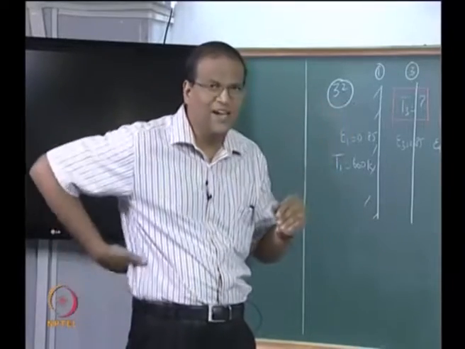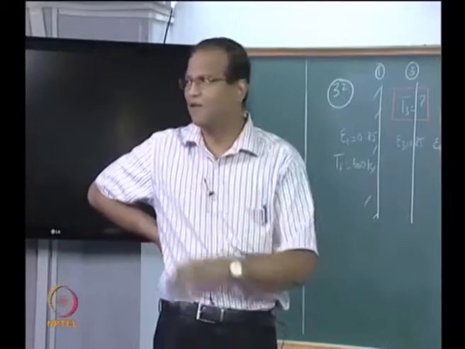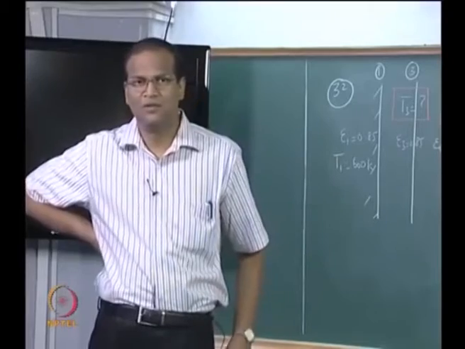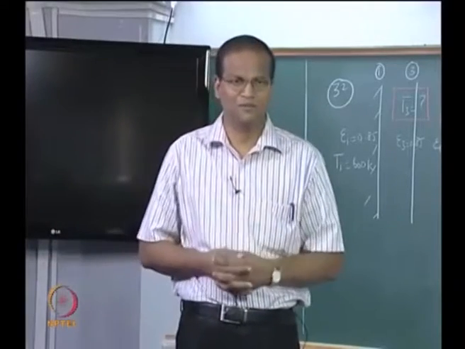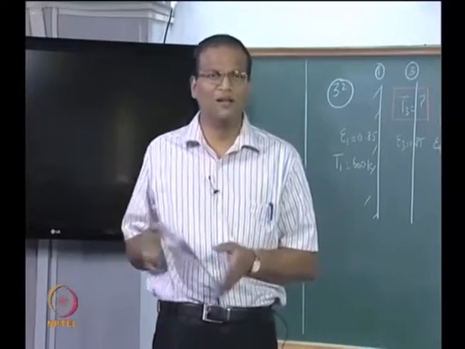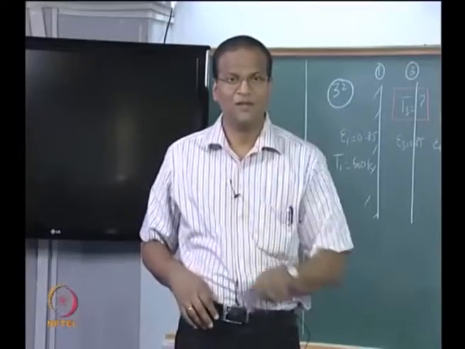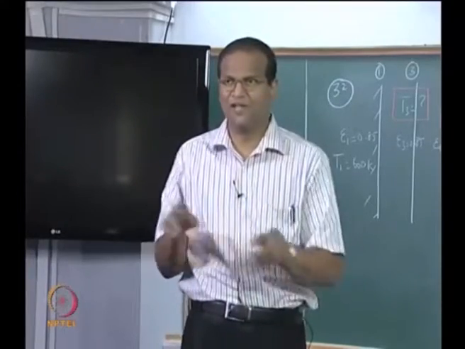Are the two shields re-radiating surfaces? Yes. Whatever heat they receive from the left side, they give to the right side. So the Q net from that surface is 0. Q net is whatever is coming from the left, which is positive, minus whatever is going to the right, which is negative, so they cancel out.